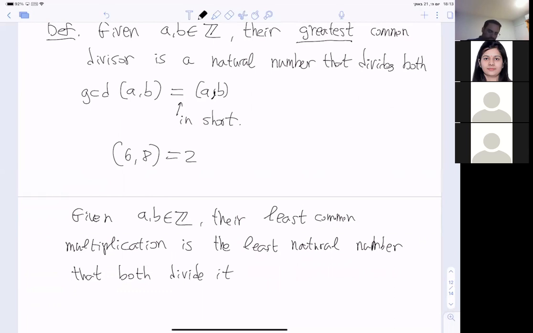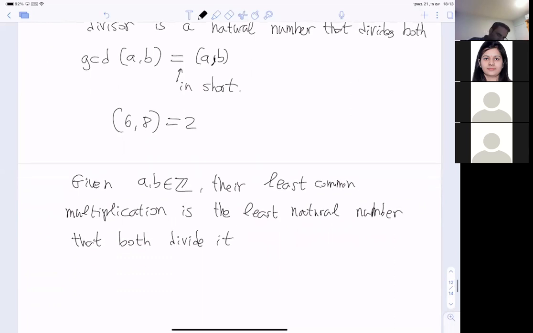We write it like LCM, or just in short, in this kind of brackets.